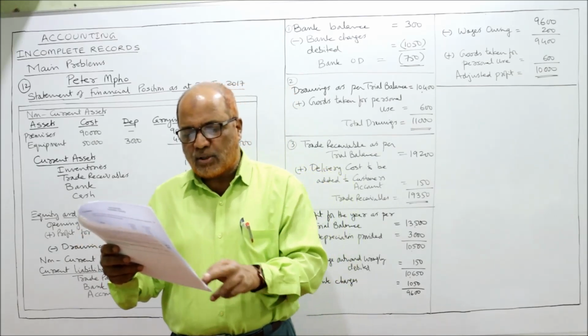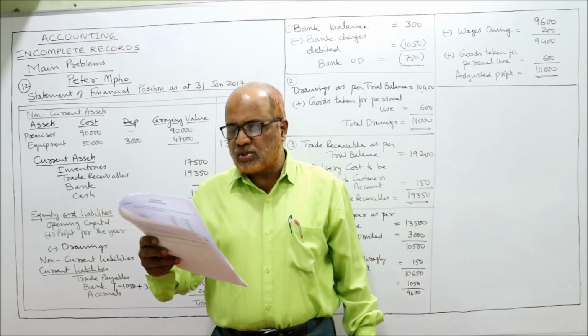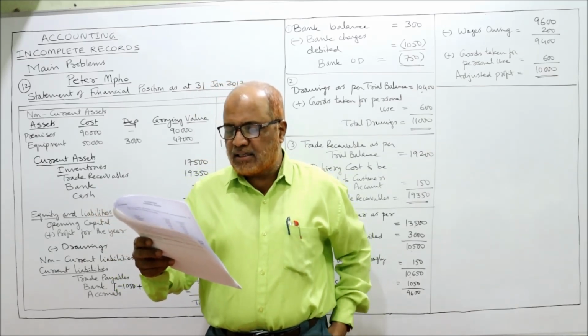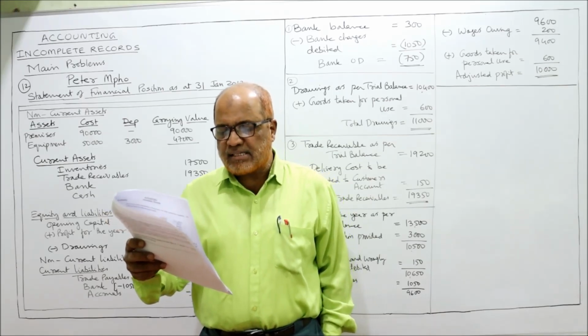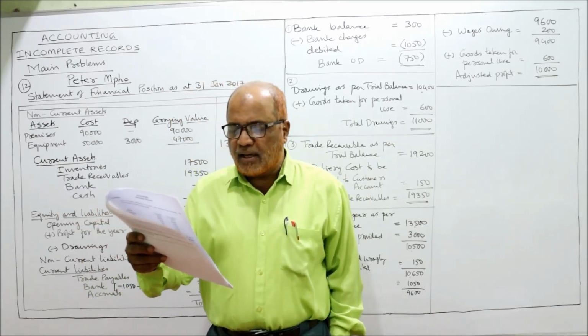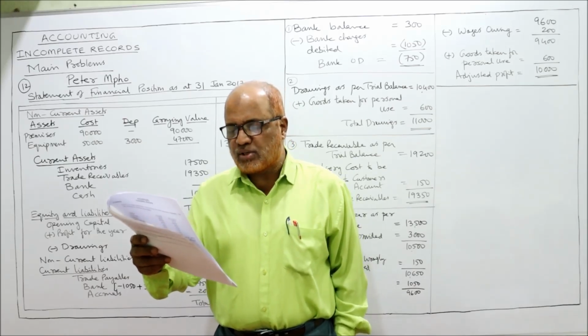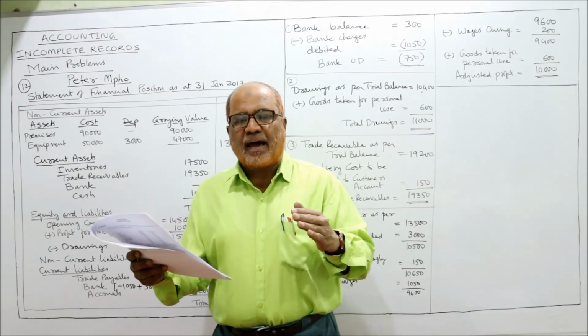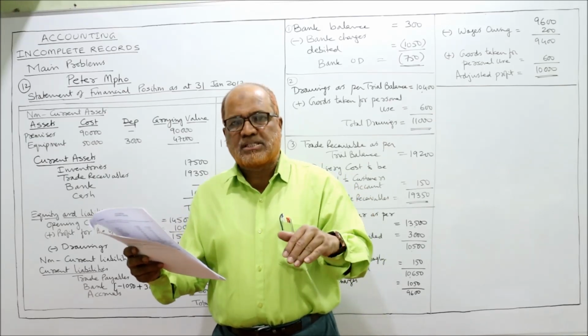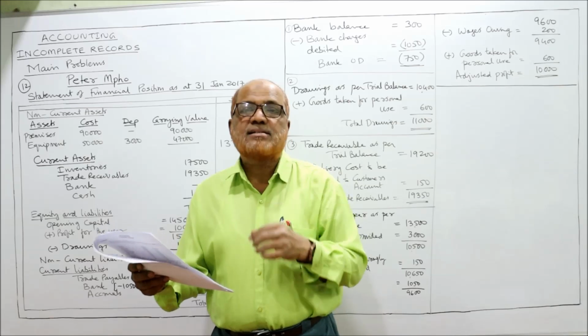Capital 1,45,000, inventory 17,500, trade receivable 19,200, trade payable 29,000, premises at cost 90,000, equipment at cost 50,000, bank 300 debit. Sometimes bank will show a credit balance, sometimes a debit balance. Debit means asset.